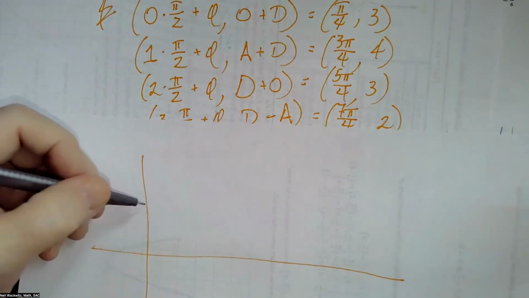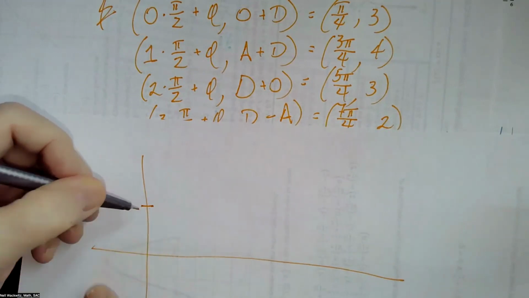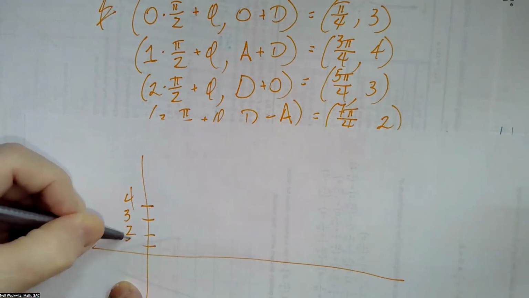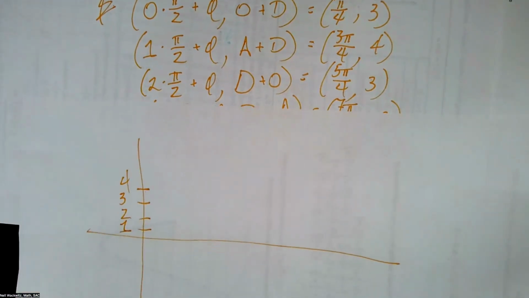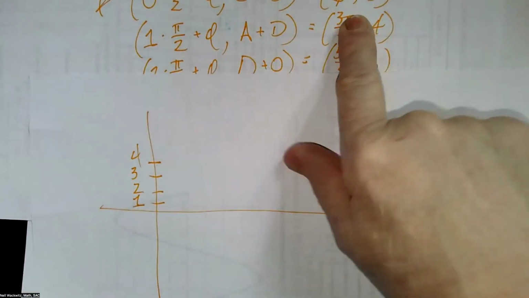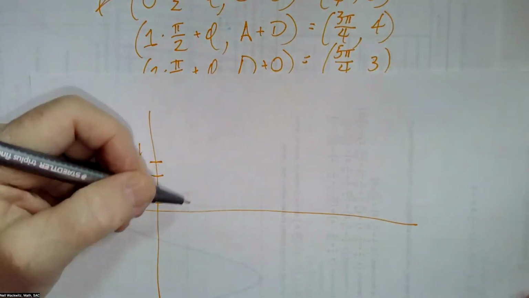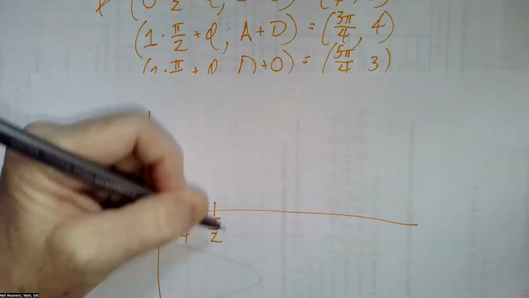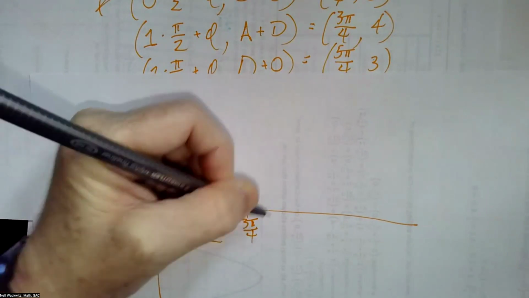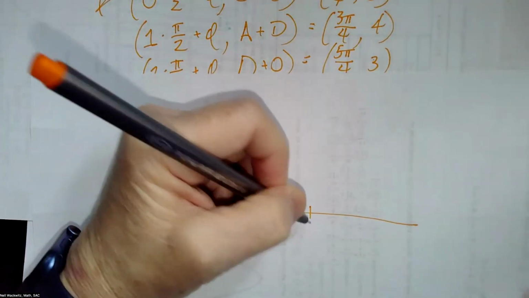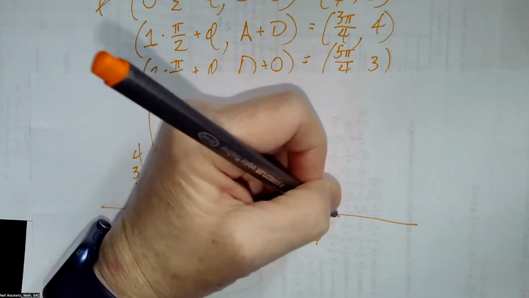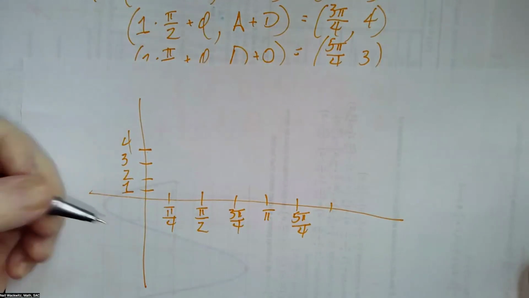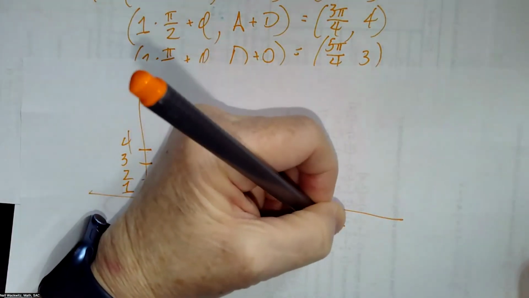Let's see, I'm going to make this 4, 3, 2, and that's 1, because I want to have room for the cosecant on top. So we start at 6 pi over 4, that's 3 pi over 2.